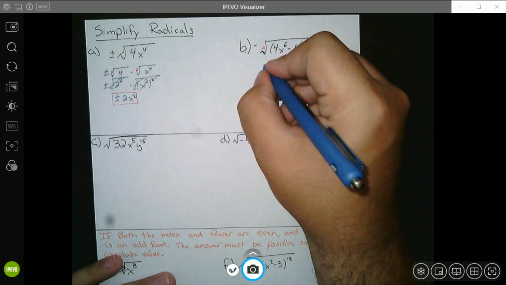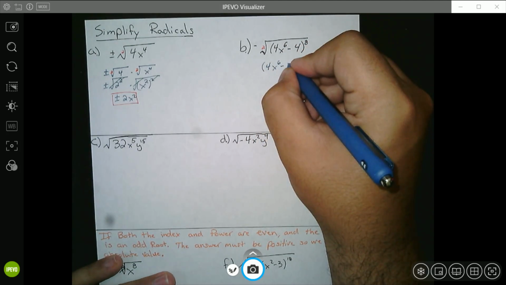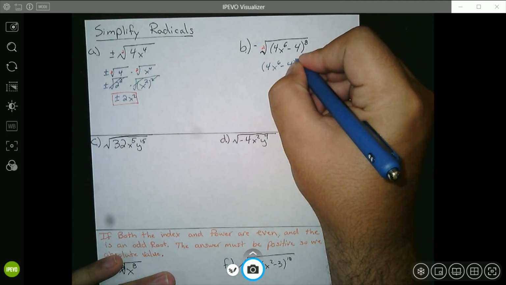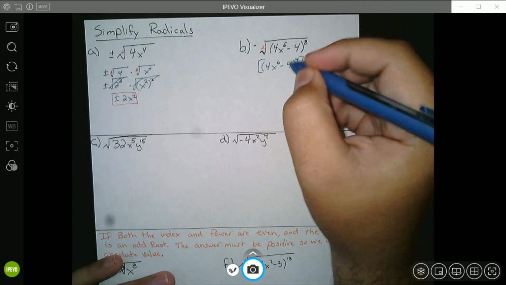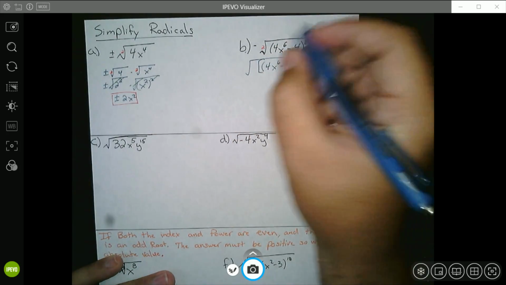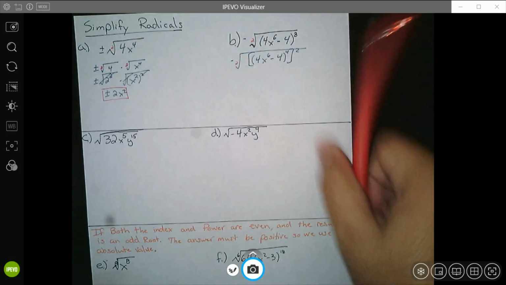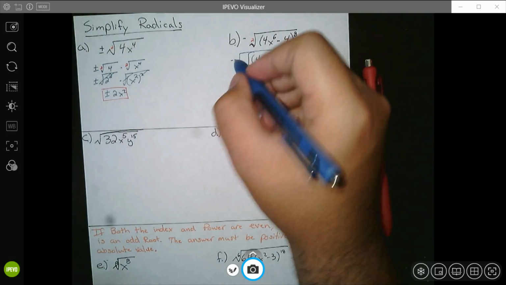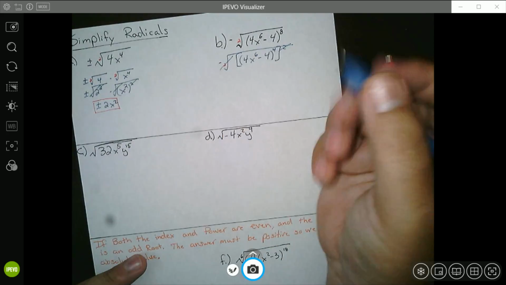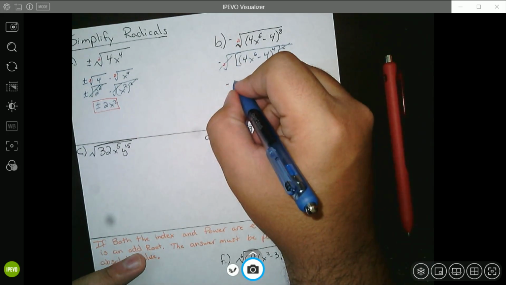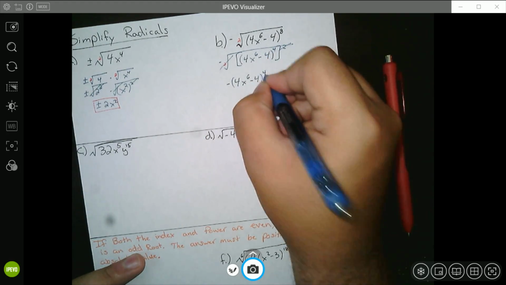So we have the square root of (4x to the 6th minus 4) to the 4th power, all squared, and we can't forget about the negative. Since the index and the power match up, they cancel out and we're left with whatever's inside. So we'll have negative (4x to the 6th minus 4) all to the 4th power.